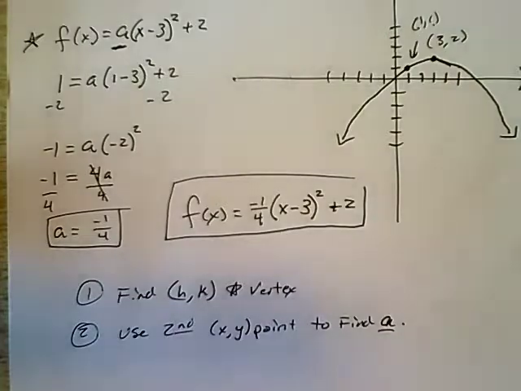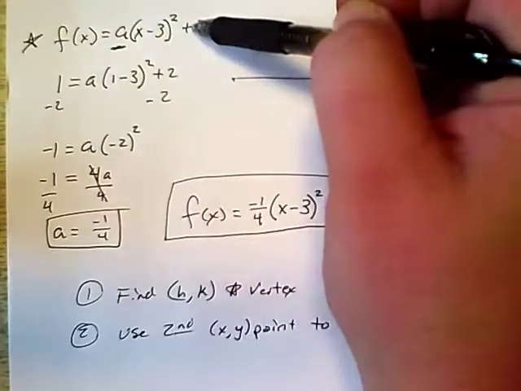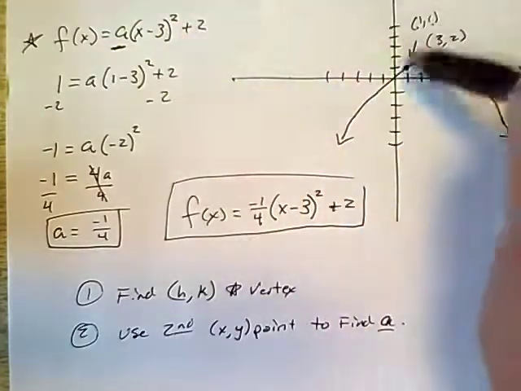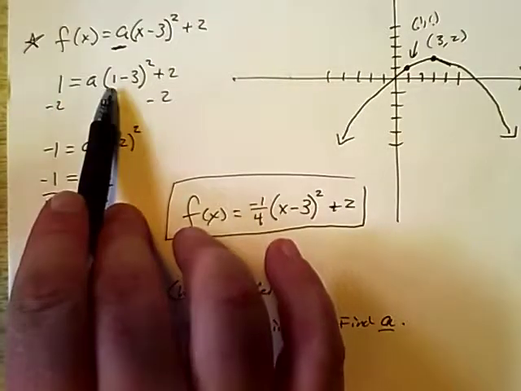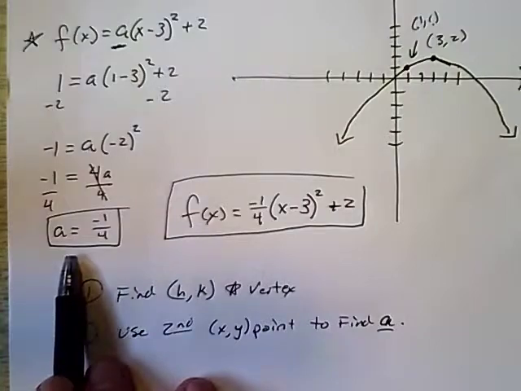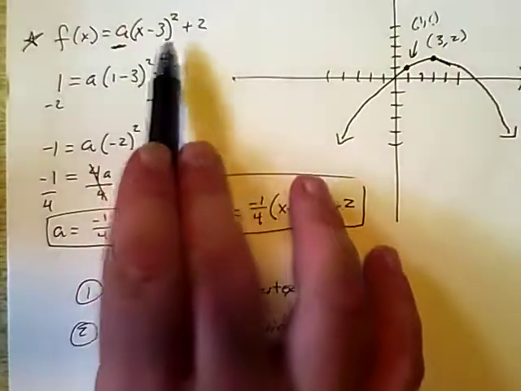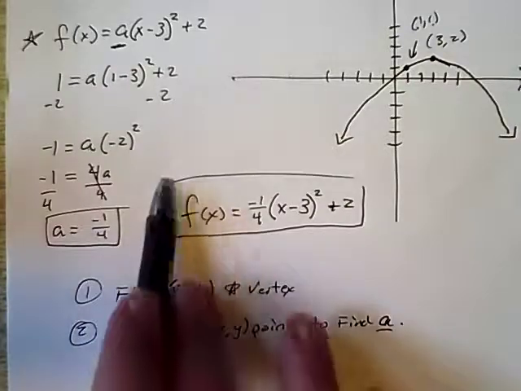So we're going to find our h and k. We're going to plug that into our h and our k. Then I'm going to use a second point, replacing my x and my y. And then I'm going to simplify and solve for a. Once I have h, k, and a, then I can write my function.